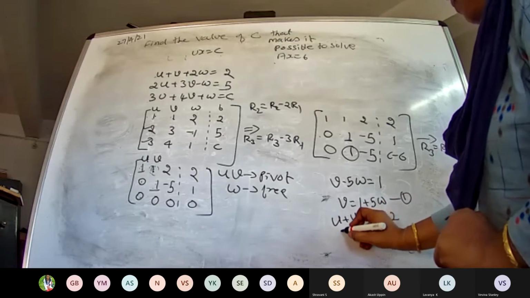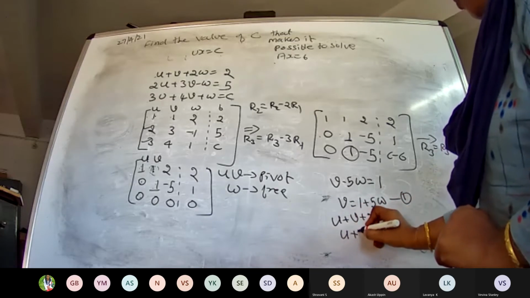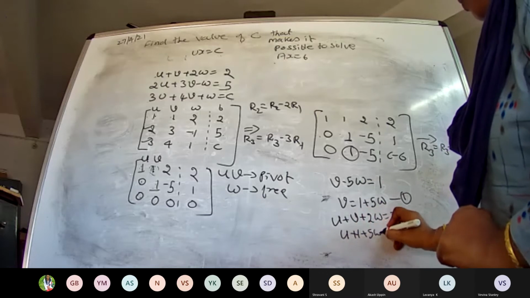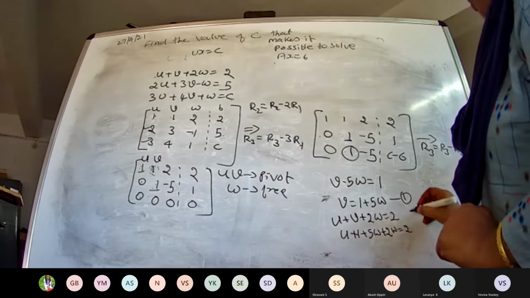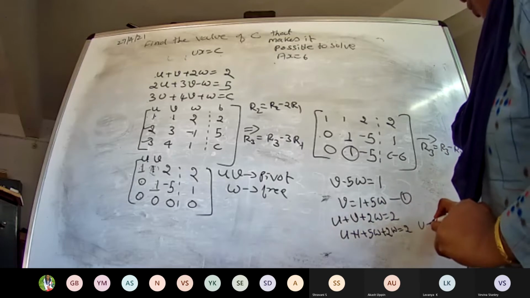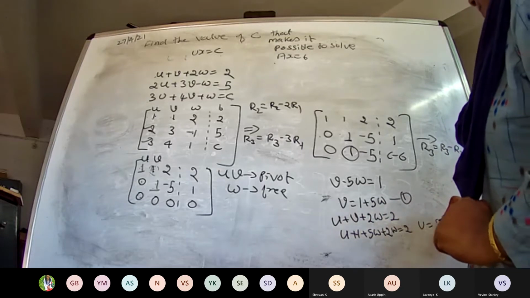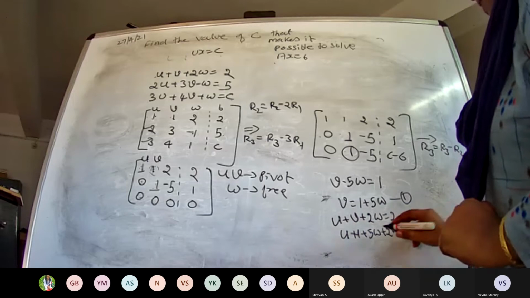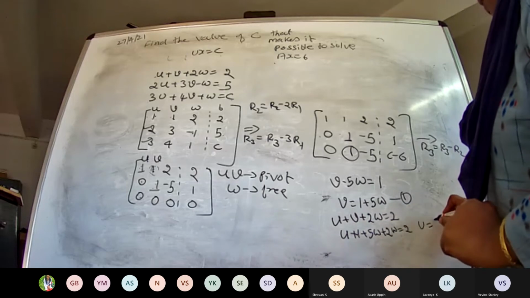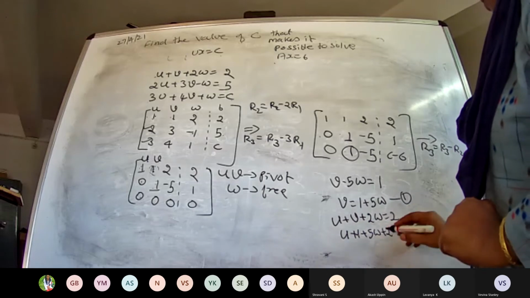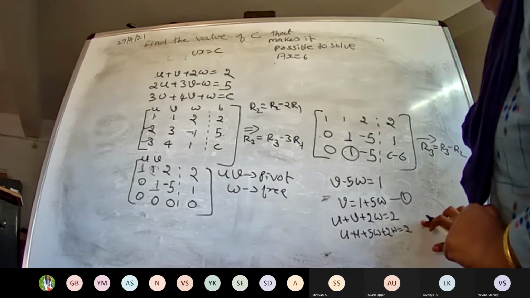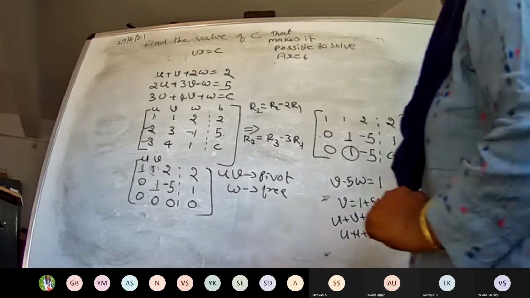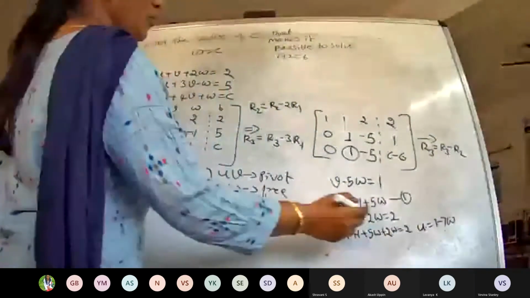So from this what you will be getting? U plus 1 plus 5 W plus 2 W equals 2. So you can write it as U equals, if I take this side, it becomes 2 minus 1, that is 1, and 7W, that is minus 7W. Okay. So you have U and V expressions.